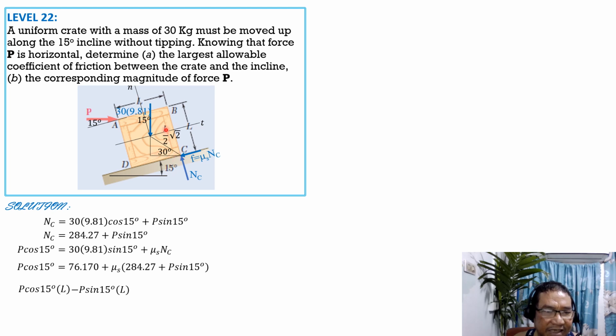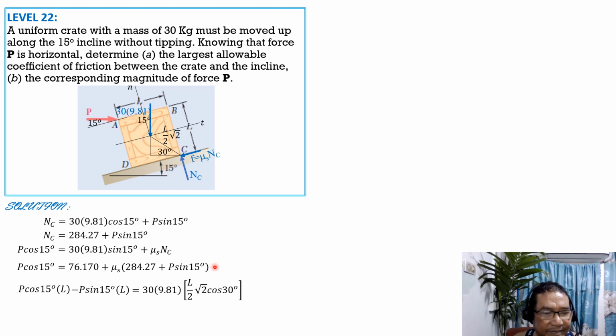This distance is L over 2 square root of 2 times cosine of 30. This distance here, the horizontal distance, is the moment arm of this weight.